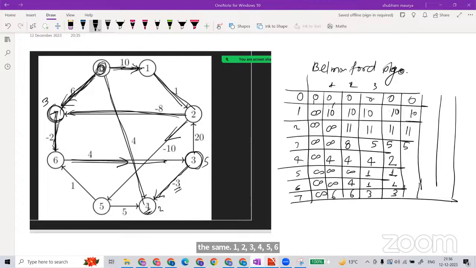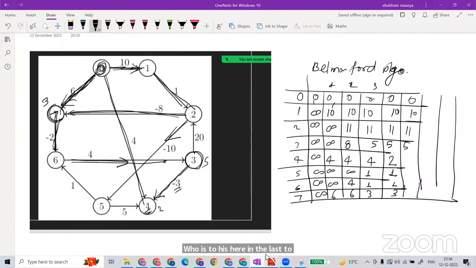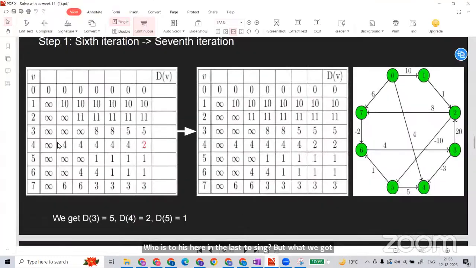I think it is always going to be the same now. 4 is 2, we already got 4 is 2, so 4 will be here. After reaching 3 it will be 4. The last iteration is here 6, what we did earlier.